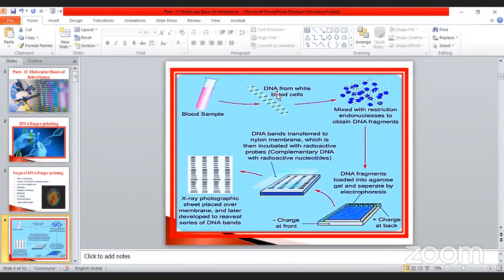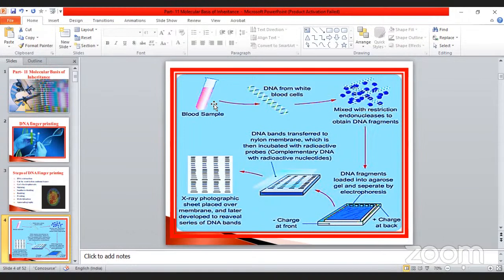DNA molecule. After collecting the DNA molecule, you have to cut it into fragments or pieces with the help of the restriction endonuclease enzyme. As a result, we obtain small fragments. After fragmentation, the desired fragments are selected and kept under electrophoresis.